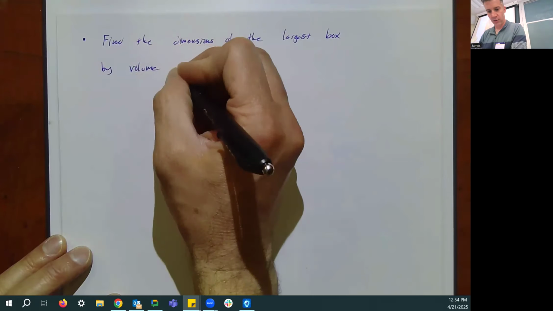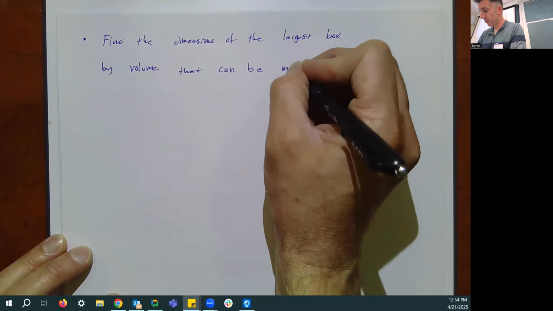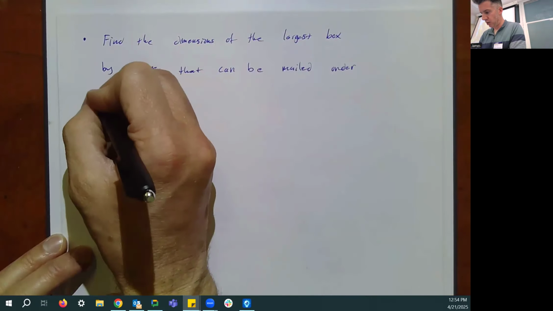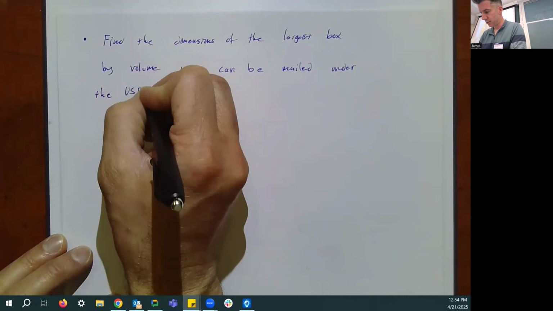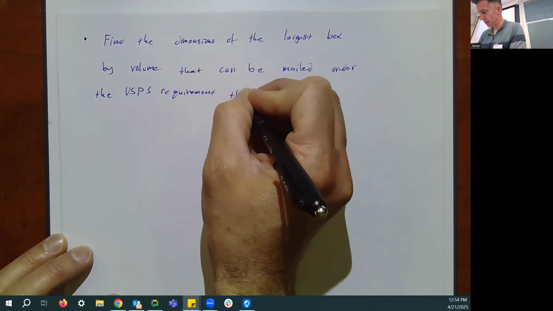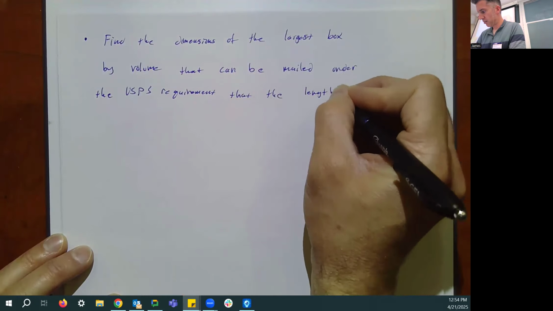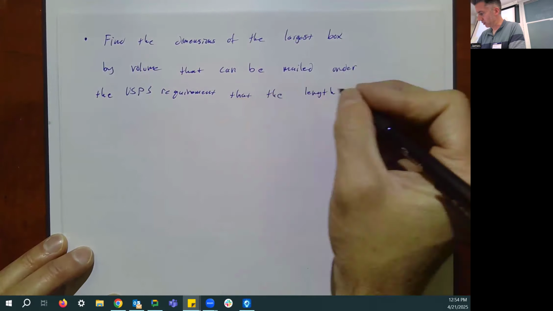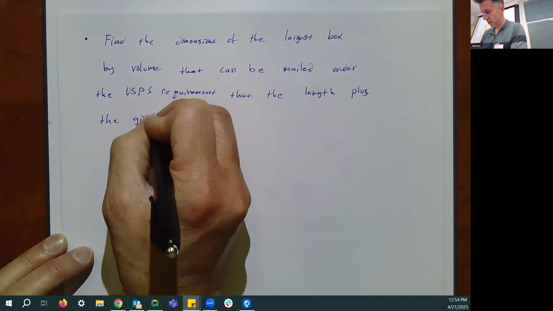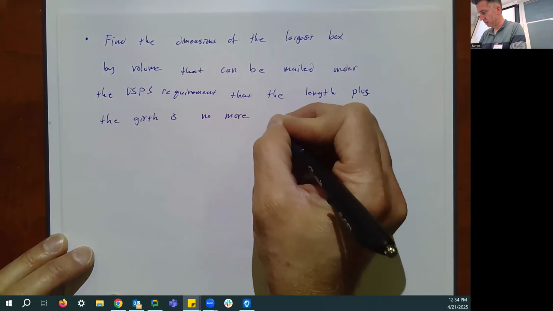So we want the most volume that can be mailed under the U.S. Postal Service requirement that the length of the box plus the girth of the box, or you can think of it as the circumference of the box, is no more than 108 inches.